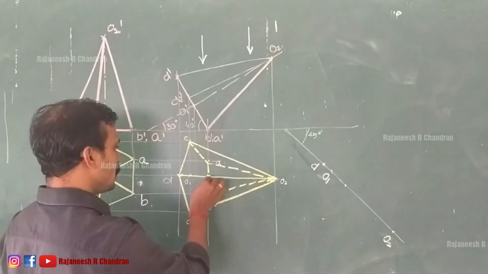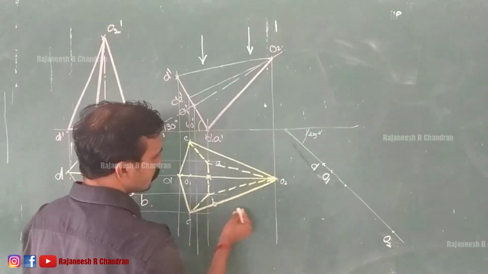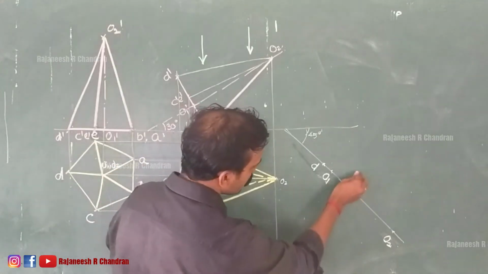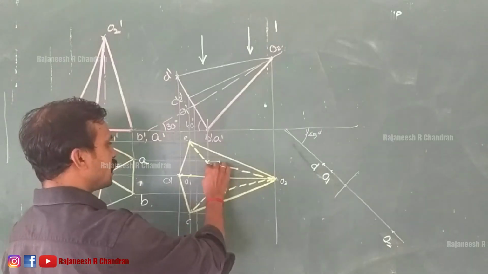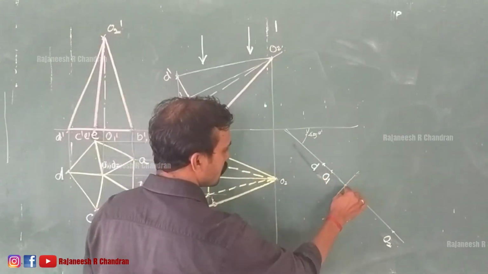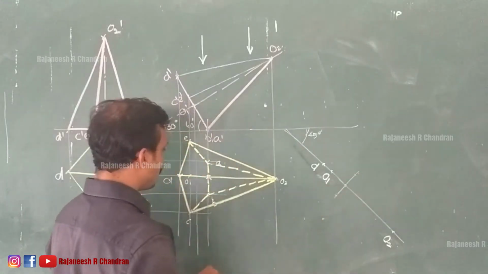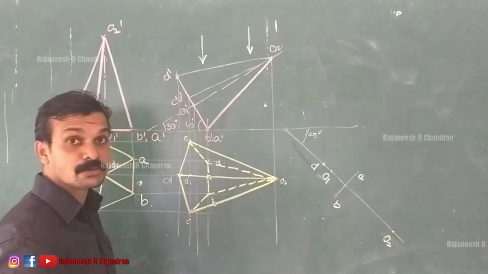Now we know that we can draw a perpendicular line like this through this point. This is a perpendicular, similar to this line, and on that line we can take this distance here also. So we can take 2 points. Those points will be our A, right? I hope you have understood.